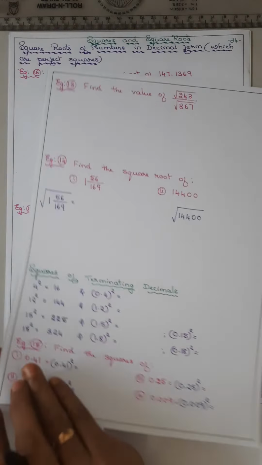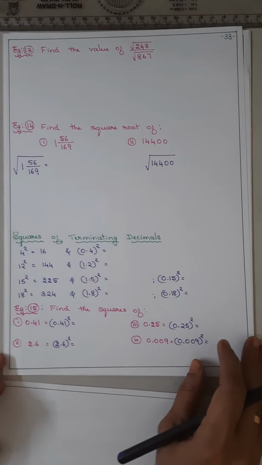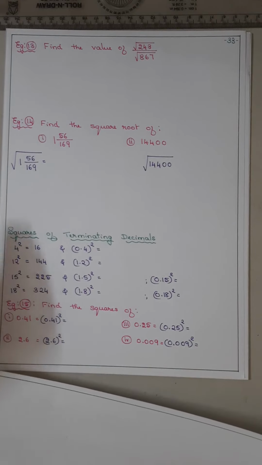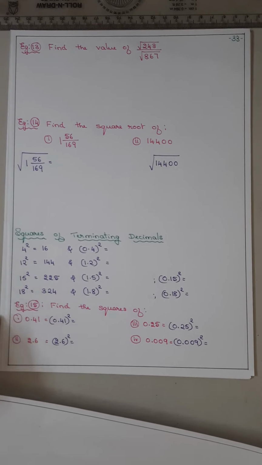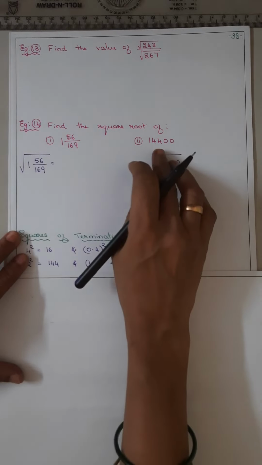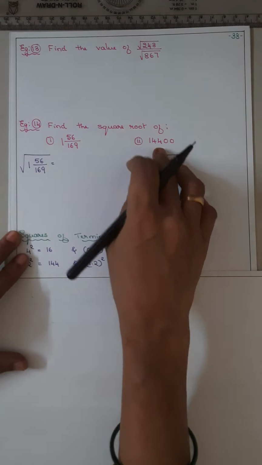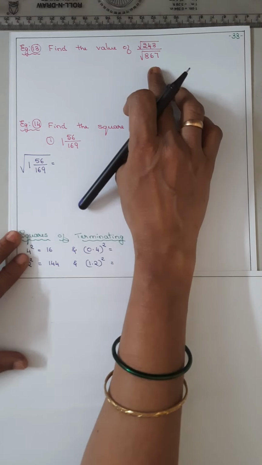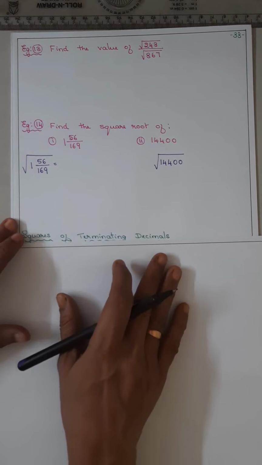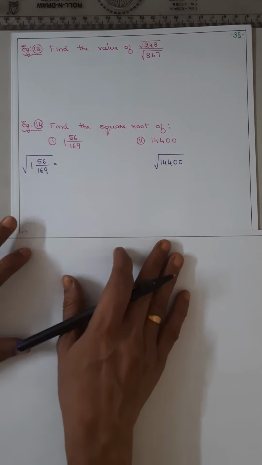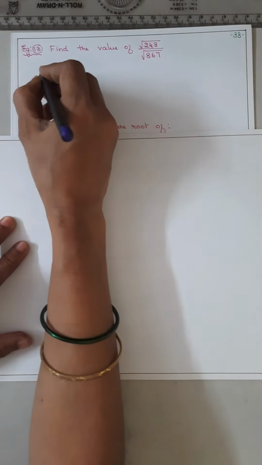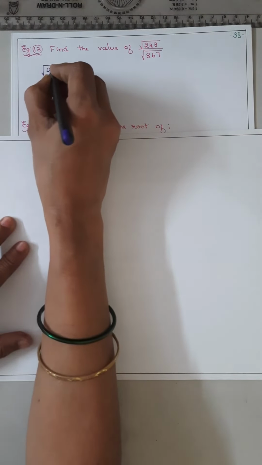Now coming to example 13. In this sum, find the value of square root of 243 upon square root of 867. See the numbers. Are they perfect squares? No. So in that case, what we have to do is put the common square root.